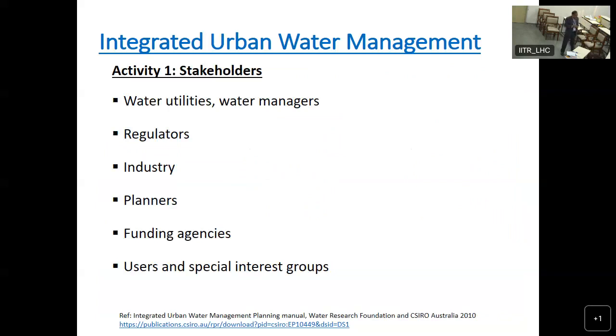So, the first activity which we talked about is the stakeholders. Who are the stakeholders? Community involved, users, specialized interest groups, and that is also because they will finally be the users of the system. Okay. Unfortunately, in most cases, we neglect them.